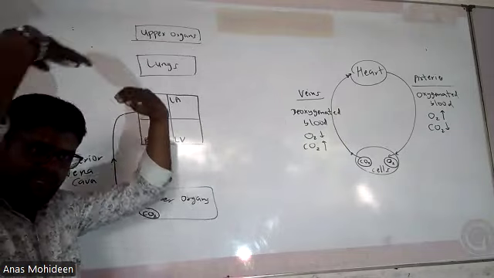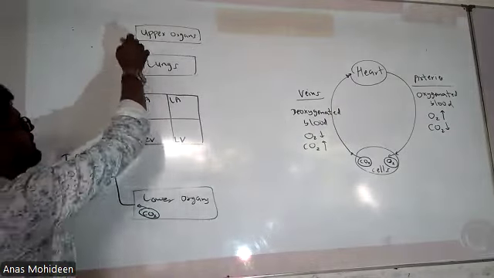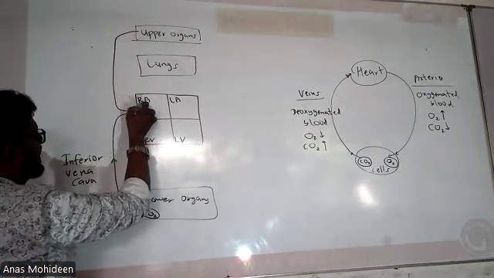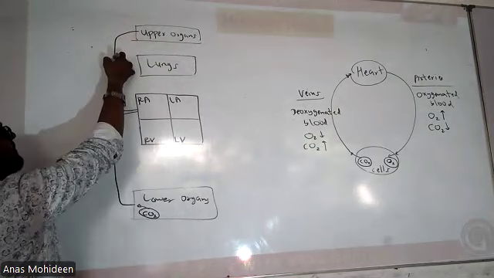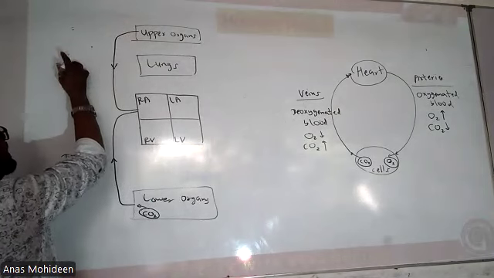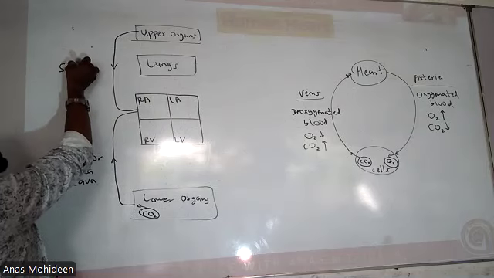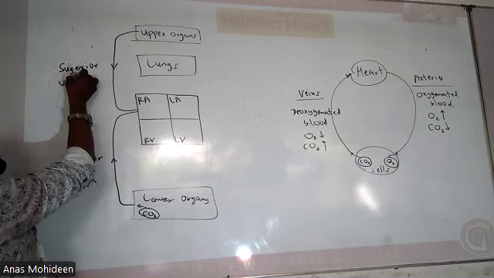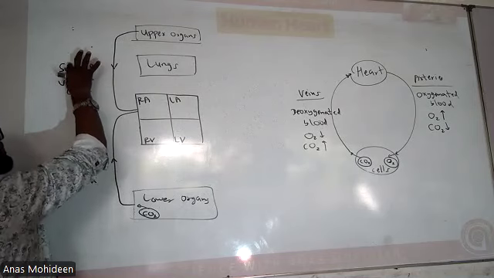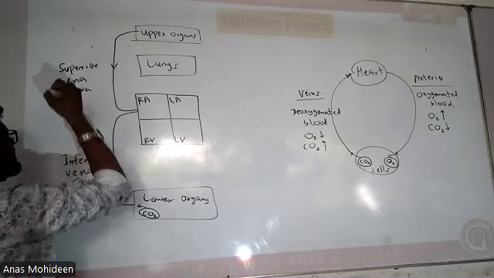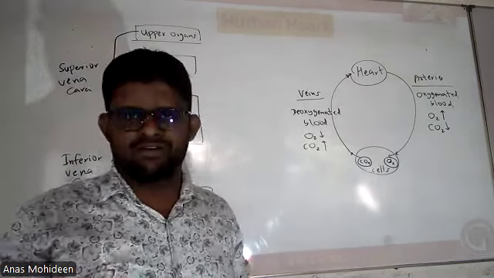The upper organs are there in the head, shoulders, arms. Their deoxygenated blood is carried by another vena cava. Who is that? The superior vena cava.